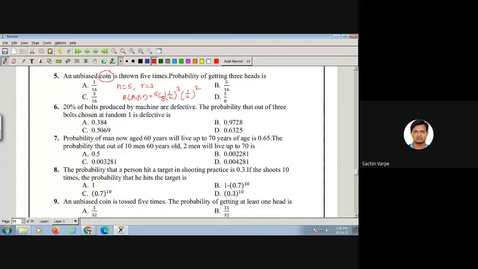20% of bolts produced by a machine are defective. We have to find the probability that out of 3 bolts chosen at random, 1 is defective.